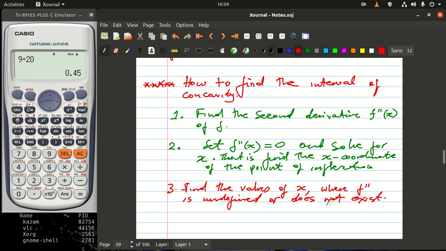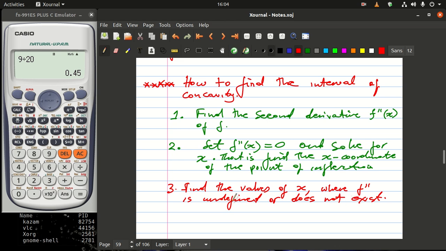Usually, the reason I end up putting 'does not exist' is because when you're finding the derivative, the definition of these derivatives came from finding the limits. Sometimes when you're evaluating the limit, you'll find out that it does not exist. That is why I am adding this here.